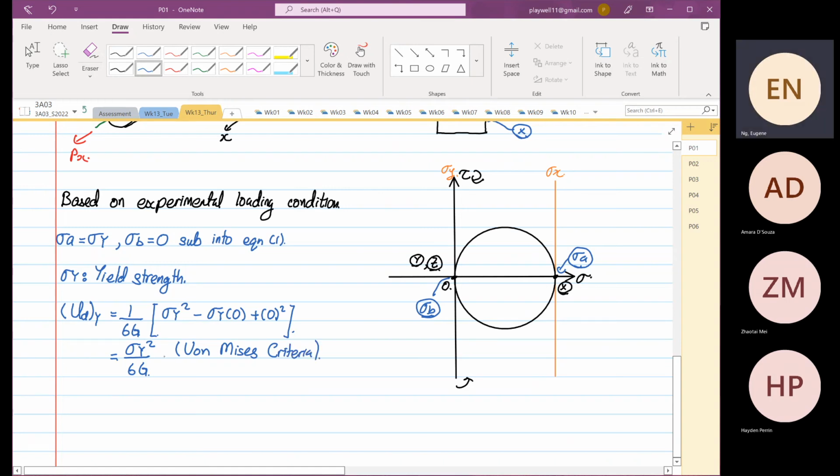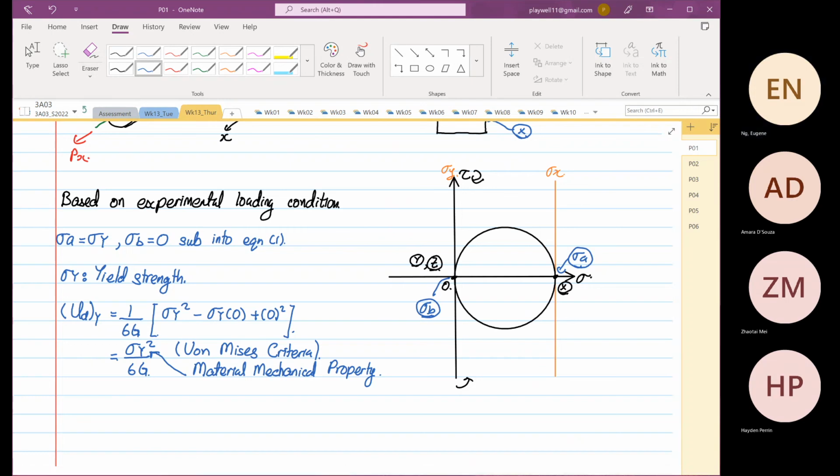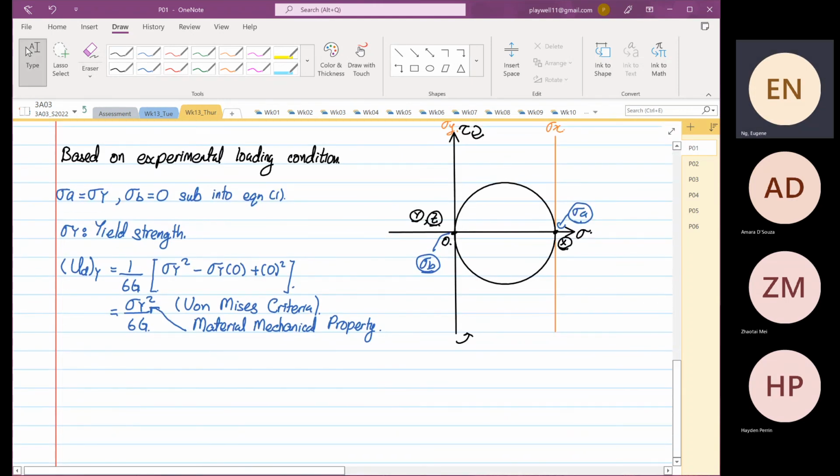And sigma Y, you know that over here, this is a material mechanical property. That is our material mechanical property. So that is the criteria, so we will grade the structure as safe.